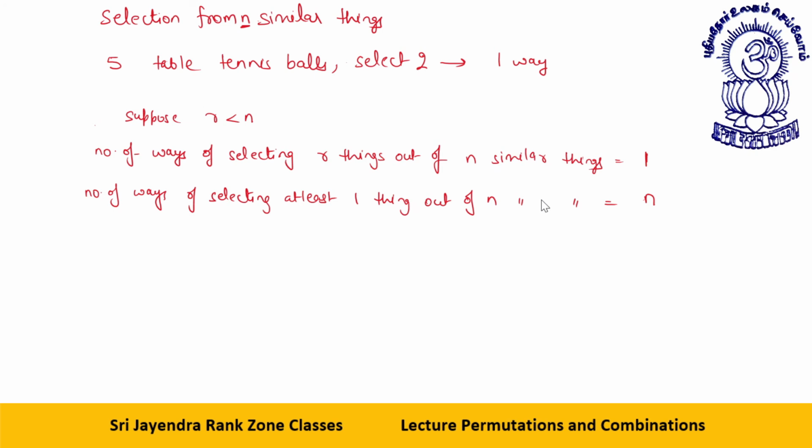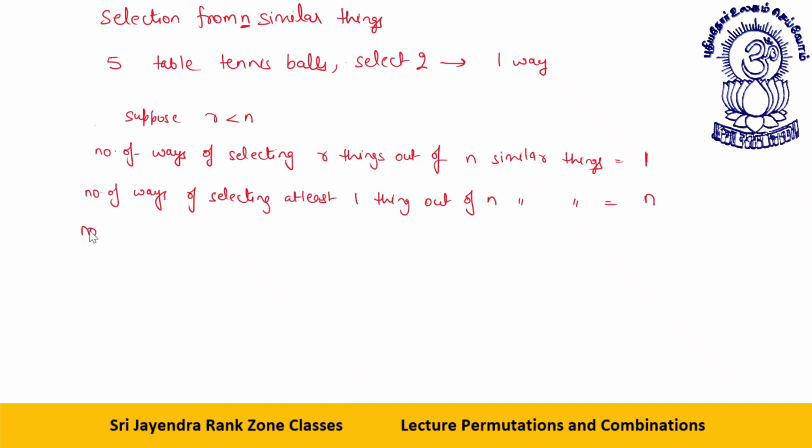It is only one way. Pick anyone. If I ask you to select two things, it is also one way. You have to pick any two table tennis balls. You can't differentiate between the balls. You just blindly put your hand in a bucket. Out of five things, you pull two balls out. That will be the same thing. If I ask you to pick three, then also you will be blindfolded, put your hand in a mug which contains five balls, and pick out three. So total number of ways is n. Why n? For one thing one way, for two things one way, for three things one way, for four things one way, and for five things one way.